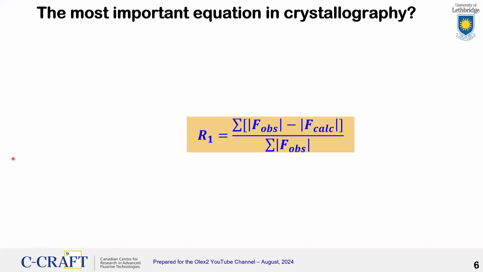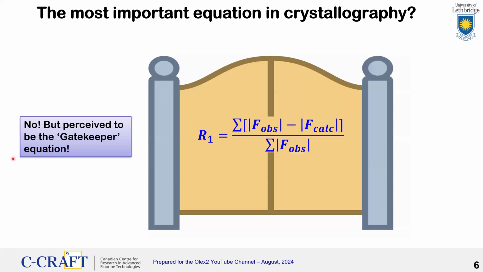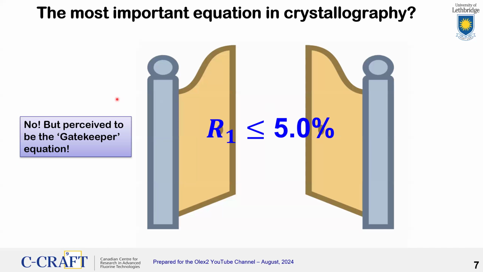Oftentimes, synthetic chemists can act as if this R-value equation is really the most important equation in crystallography. Now, of course, it's not, but it is often perceived to be the gatekeeper equation. With this, I simply mean that in order to publish an important new work, the crystal structures have to have an R factor of 5% or less, or they just won't fly.